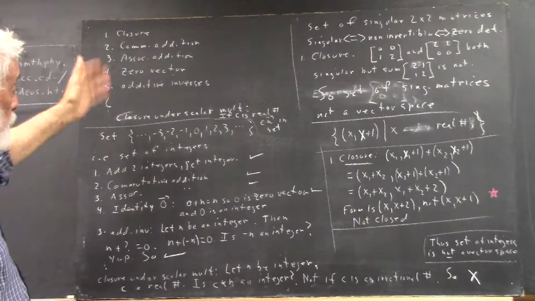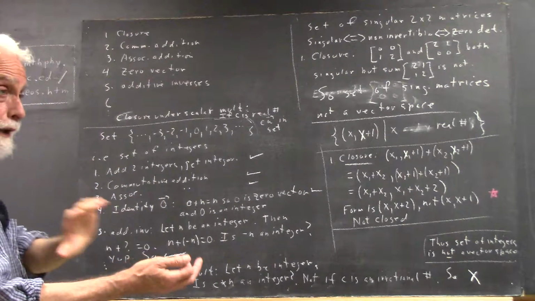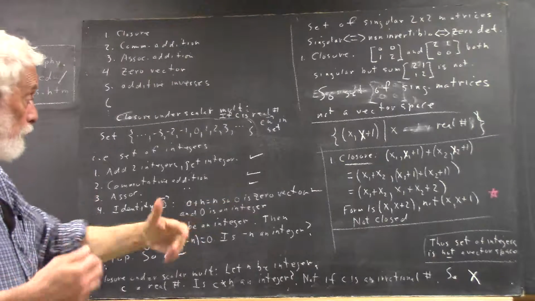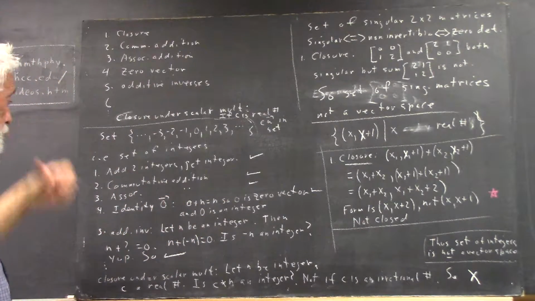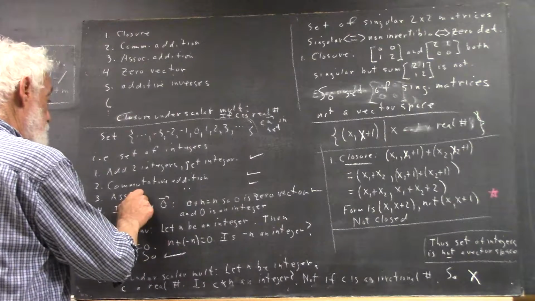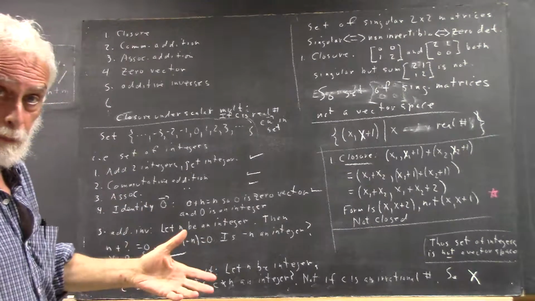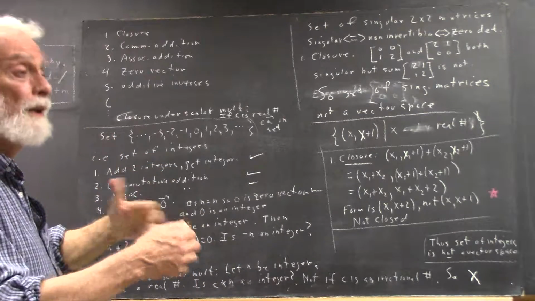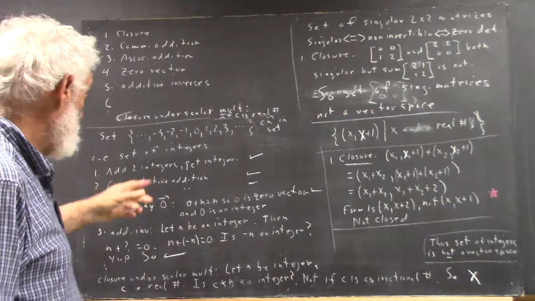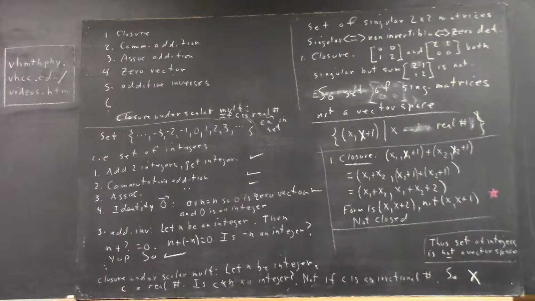Well, yeah, if you add two integers in one order, you get the same thing if you add them in the other order, because addition of real numbers is commutative. Associativity, well, yeah, integers are real numbers, so if you add three of them, you can group them in any way you wish. So that's certainly true.